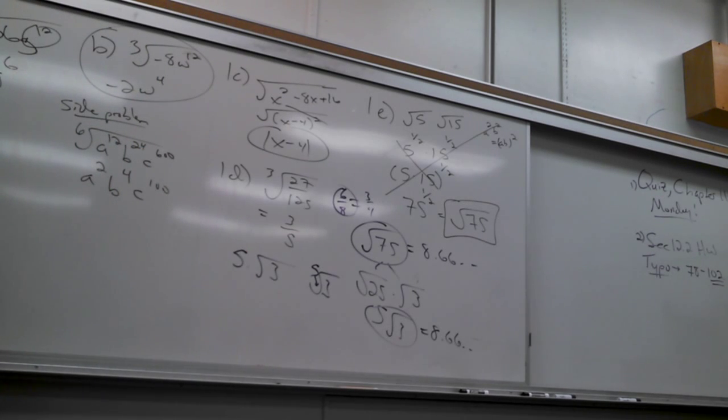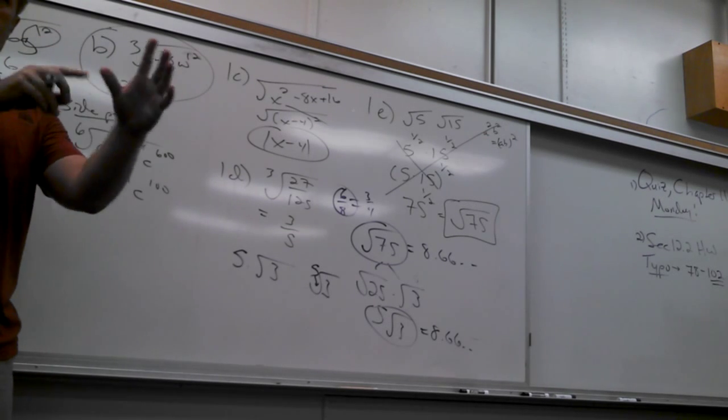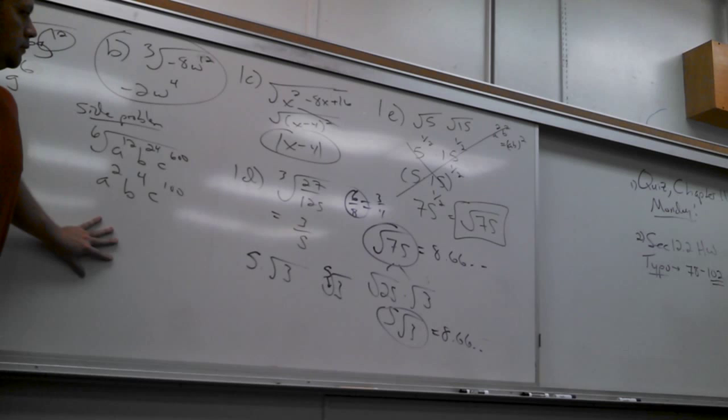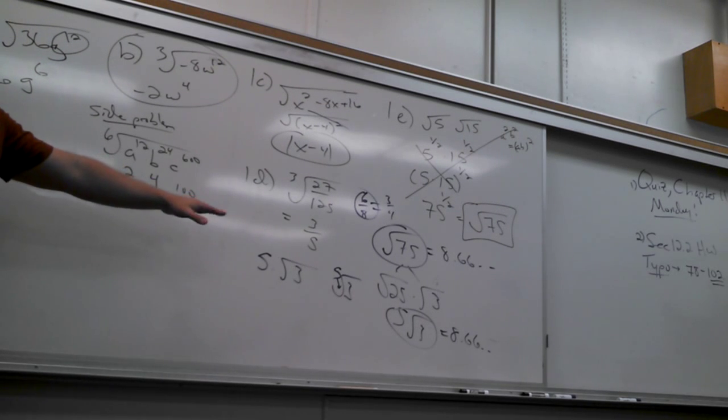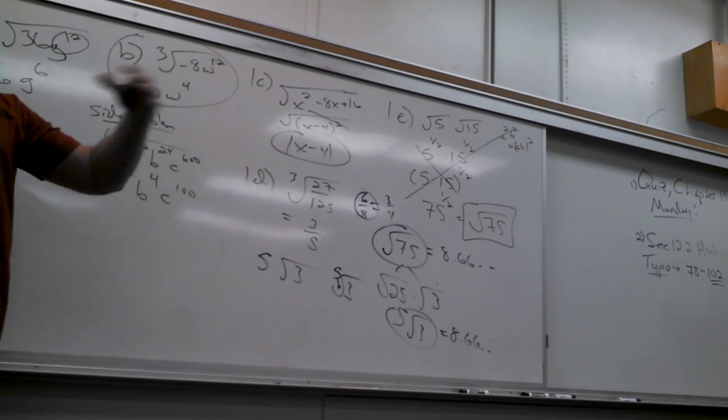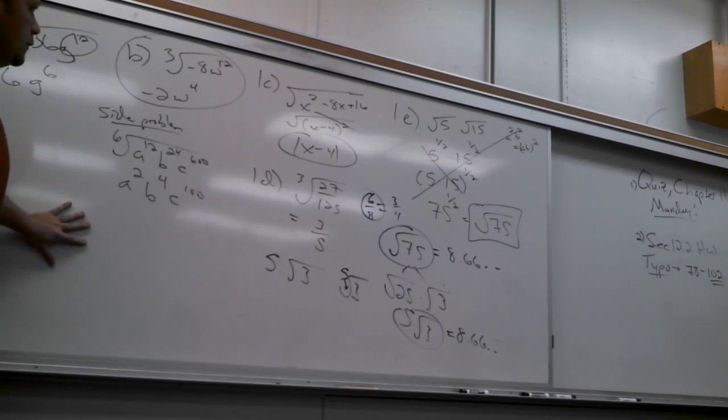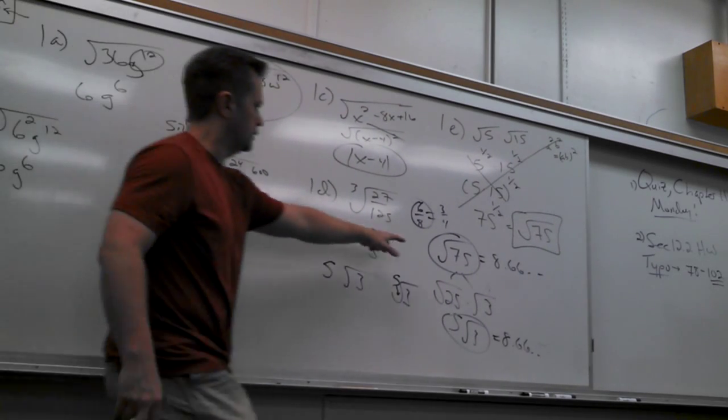So you just have to be careful. That's why you thank God that I type my tests. I don't handwrite my tests, right? Even then, you should come up and check with me if you're not sure if that 5 is in there or out there. I'll tell you. That's a good point. You got to be careful whether it's a coefficient or actually the root. Okay, so we'll do more of these here in a minute.